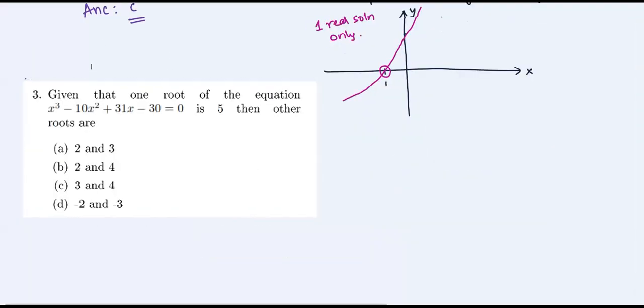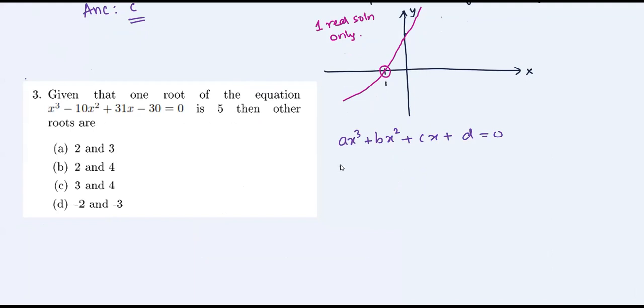Now, given that one root of the equation is 5, then what about the other roots? So, simple. Ax cube plus bx square plus cx plus d equal to 0.